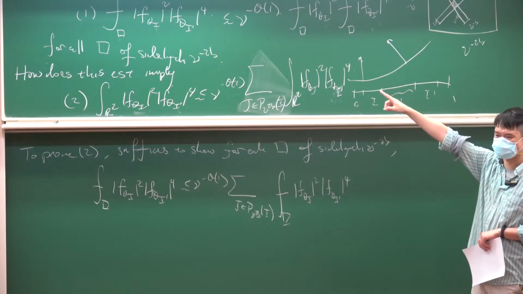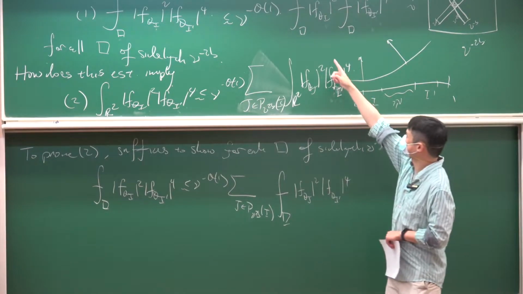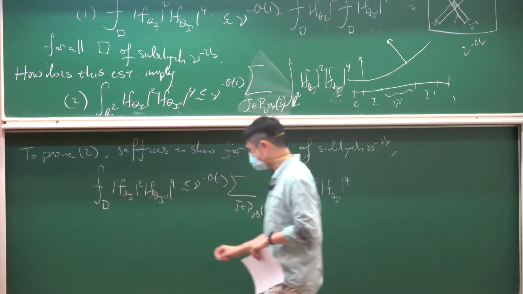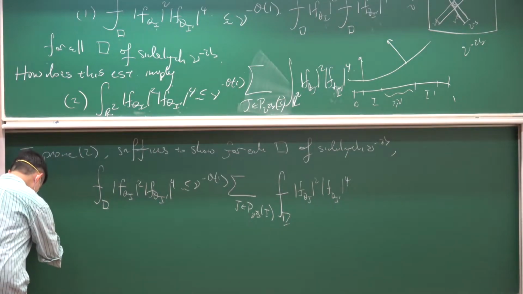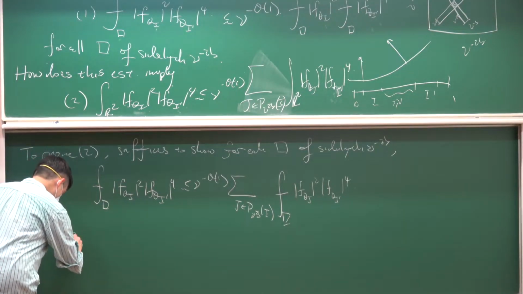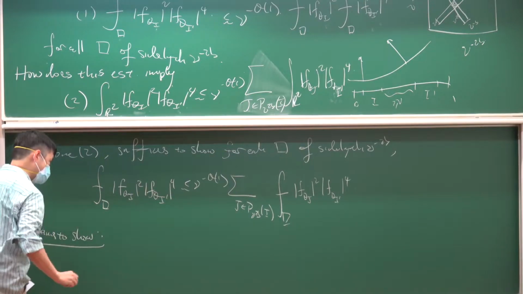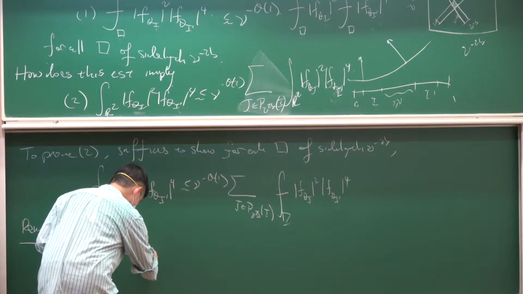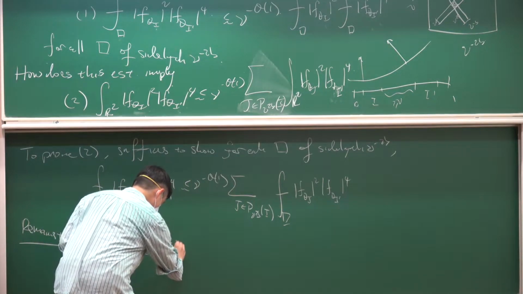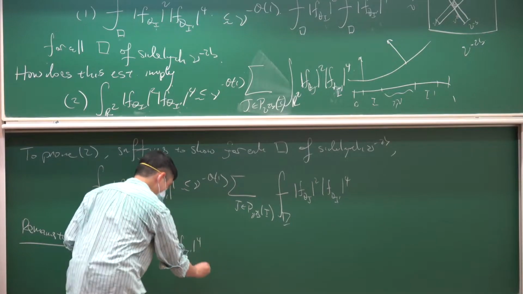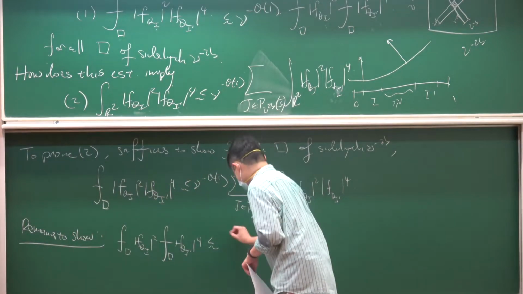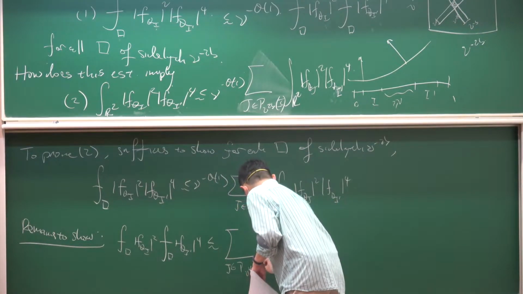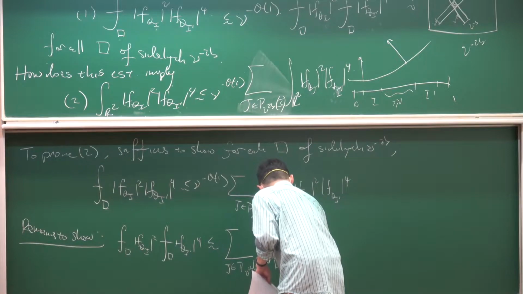So then at least I have the left-hand side in 1. So it just needs to show that this integral over here is less than this guy. It remains to show that the average integral of this guy is bounded by the sum in J times the average integral of this guy.